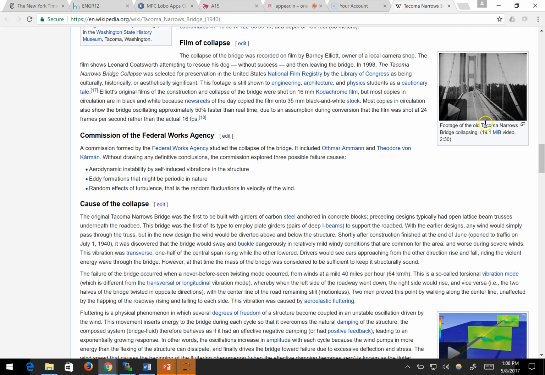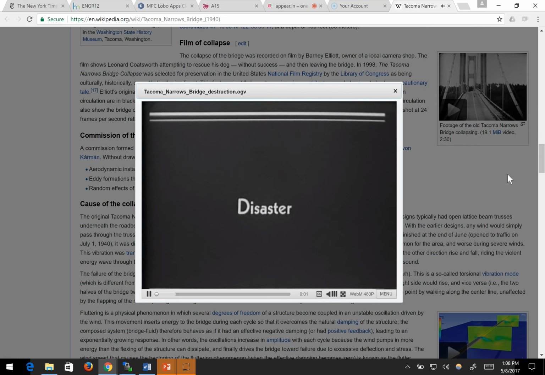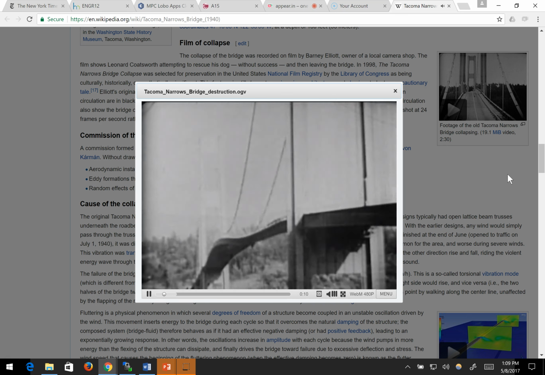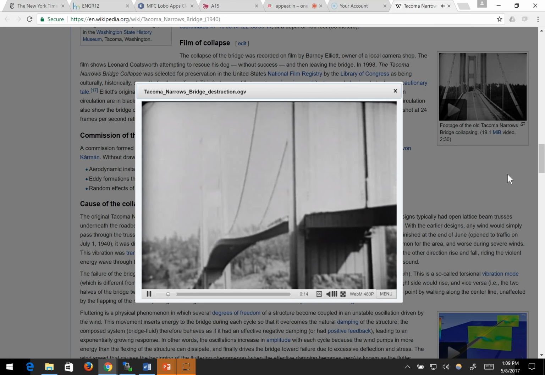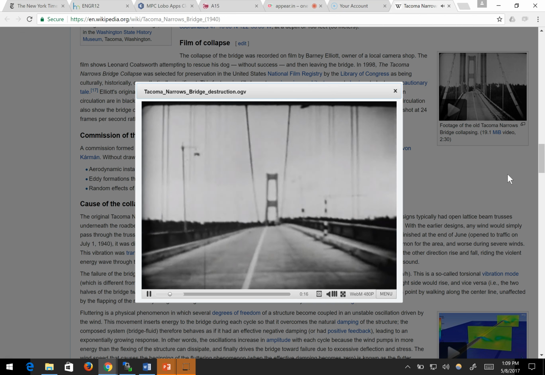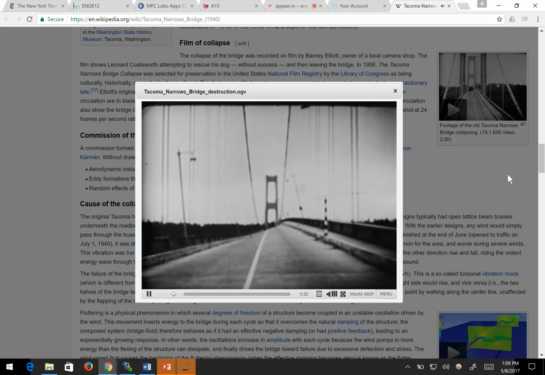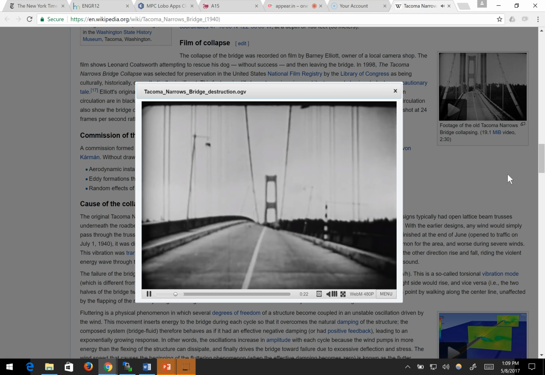And this is footage after they built this brand new bridge. They didn't really understand this. It was a new effect of flutter, where the wind blowing up and down the channel caused the whole thing to start fluttering, and that proved to be pretty fatal for the bridge.